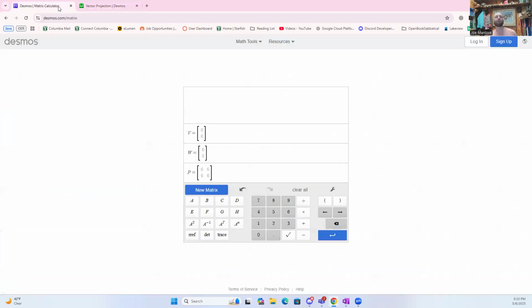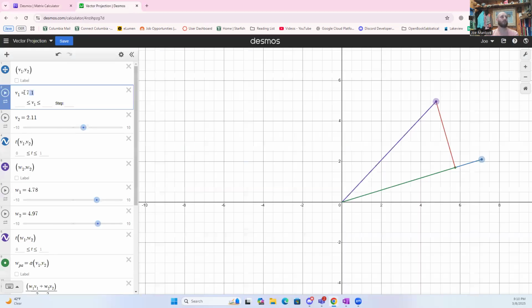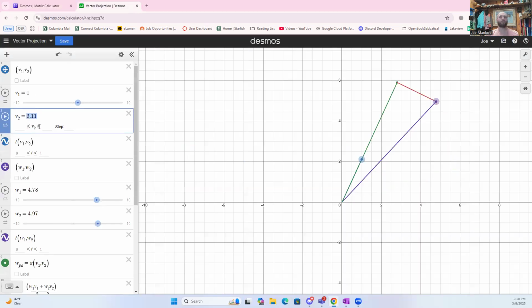The other thing we can do is make a little Desmos calculator. I'm going to put in a couple of vectors, and then we'll check them with the picture. I'm going to project onto the line (1, 2), so I'm going to make v = (1, 2) here.